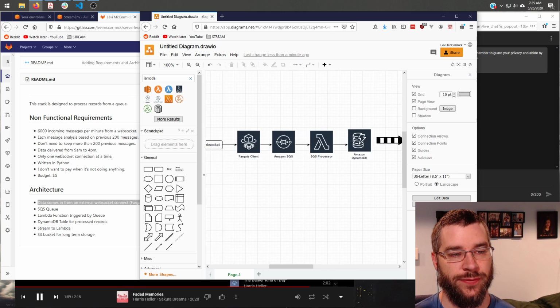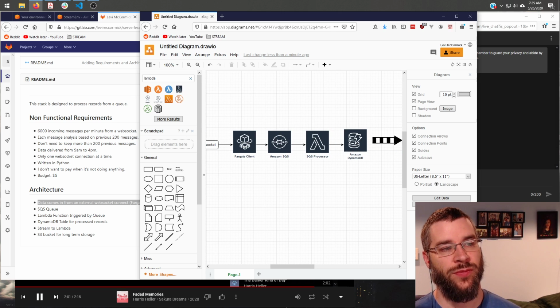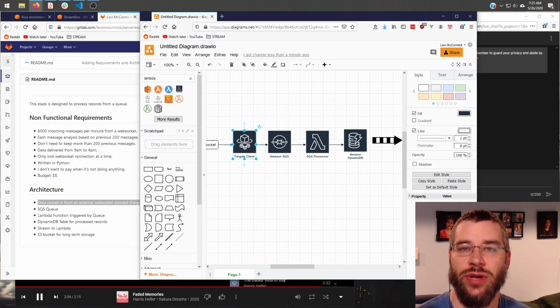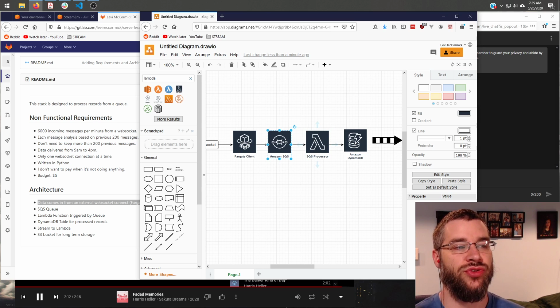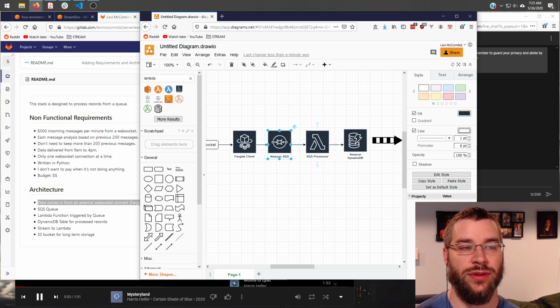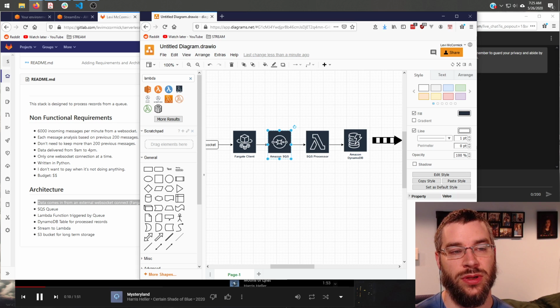Whereas these other services call, Fargate, the client running in Fargate will call the SQS API. Maybe here from SQS to Lambda, I might change the icons or the line that goes between the two to call out that there's a trigger on the queue that triggers the Lambda processor.